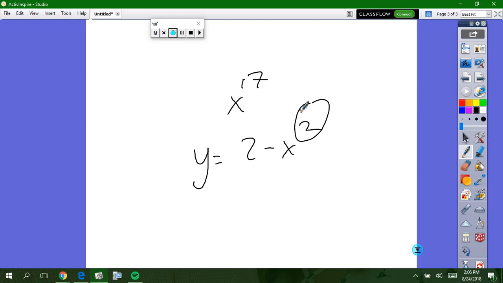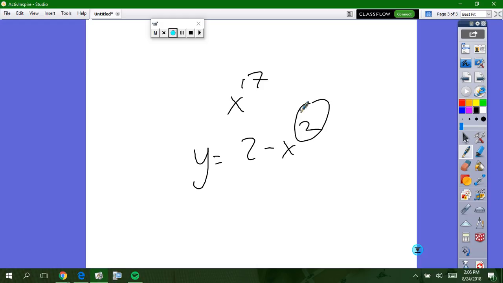If it is an odd degree with a leading coefficient that is positive, that should be looking like so. If I am an odd degree with a leading coefficient that's negative, that flips me, doesn't it? Just think about that. This is as x is going to infinity.